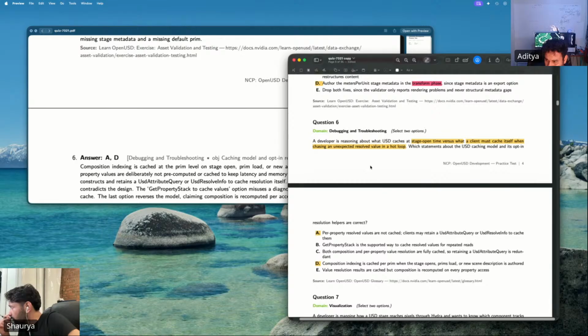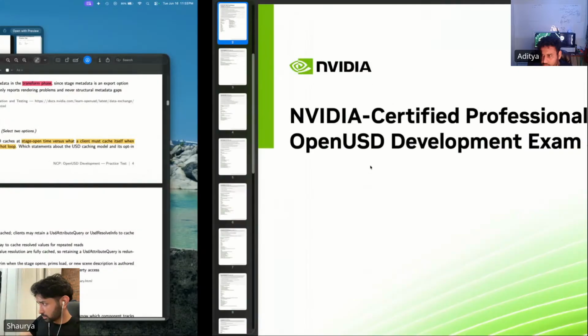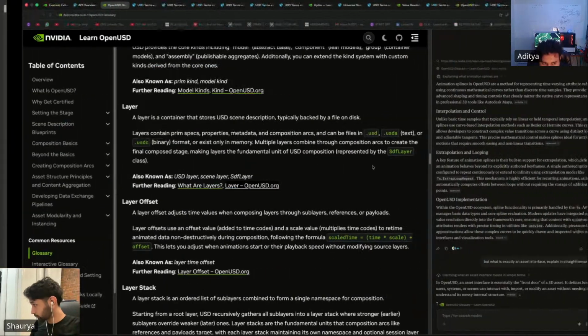Per property resolved values are not cached. Clients may retain a USD attribute or USD resolver info to cache. Then composition indexing is cached per prim when the stage opens. So this is something I want to clarify.